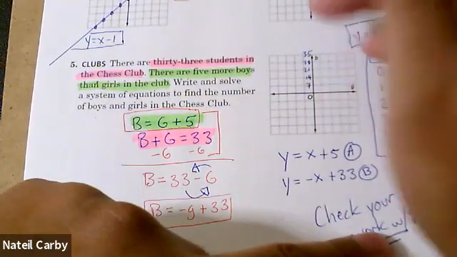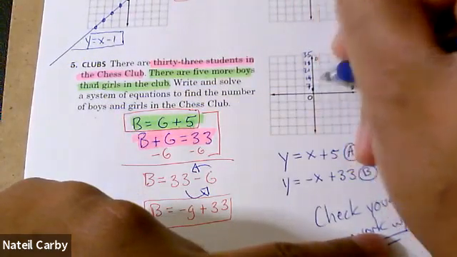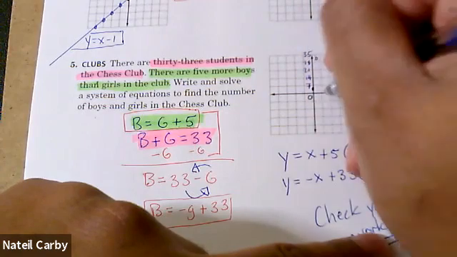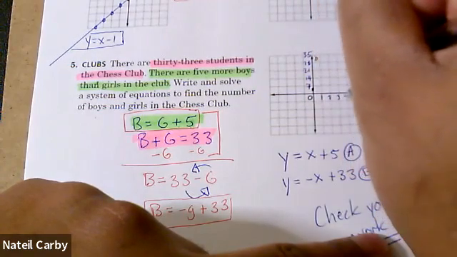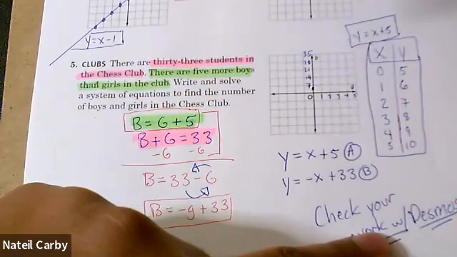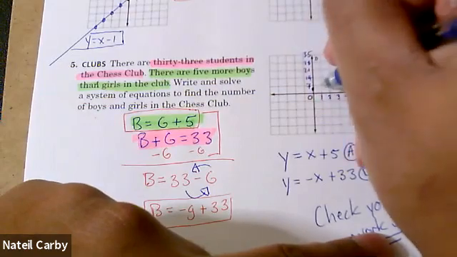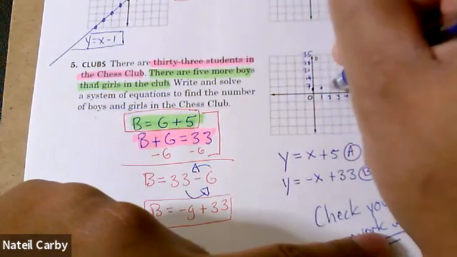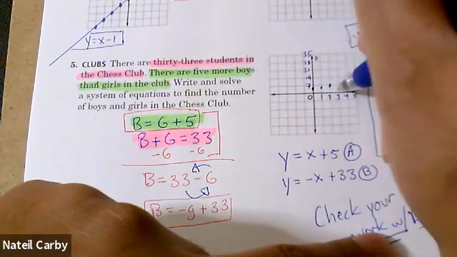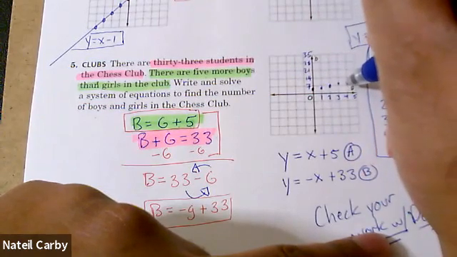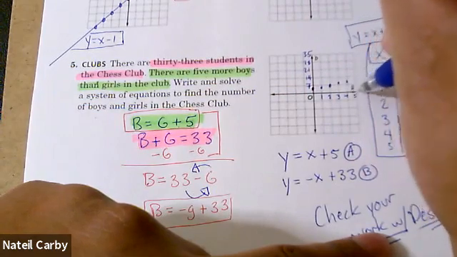So I got 0, 5, which is kind of ugly here. Boom. 1, 2, 3, 4, 5, right? 1, 2, 3, 4, 5. Okay. 1, 6, a little bit higher. 2, 7, bam. 3, 8, a little bit higher. 4, 9, a little bit higher. 5, 10, a little bit higher.